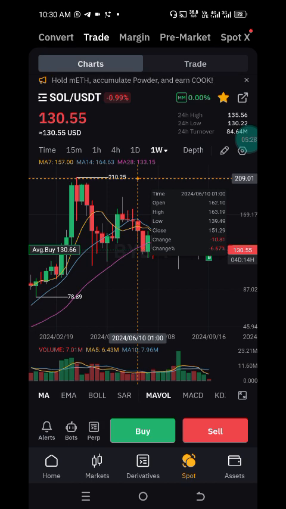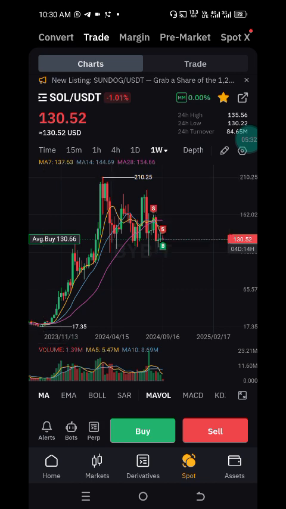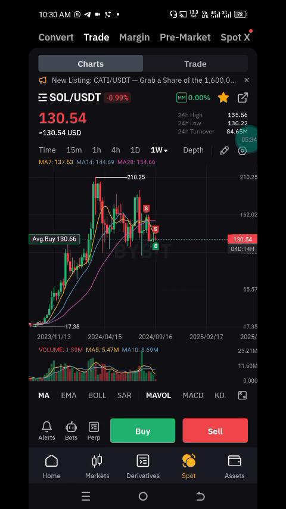This is amazing. On the other hand, I have to check what the loss is if Solana goes to the total low. We have the total high and we have the total low.